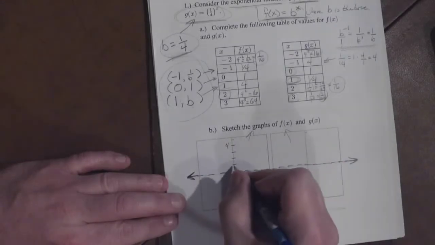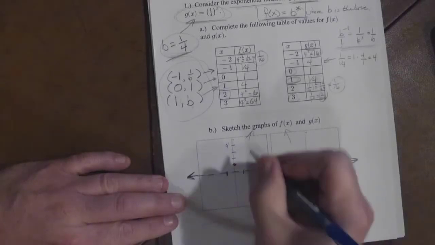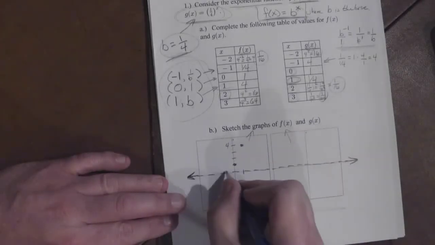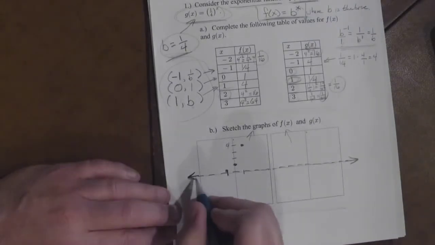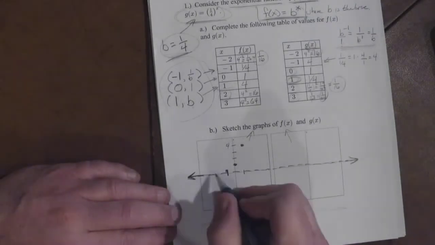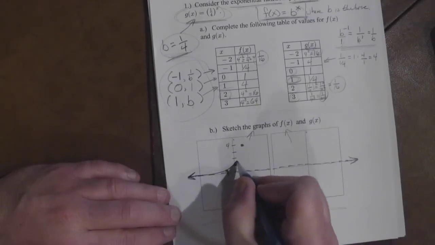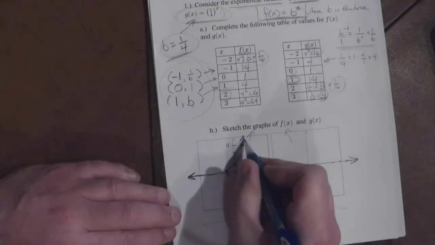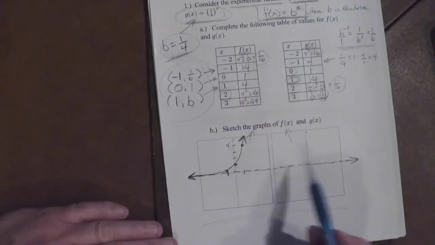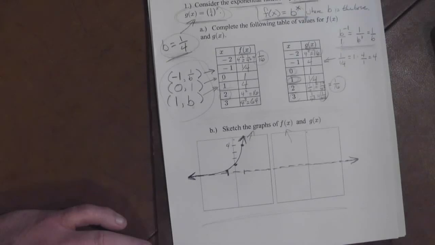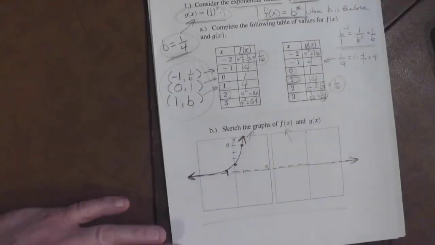So we know we pass through here, here, and here in our sketch. With this describing our far left behavior, our graph would run along the x-axis and then pass up through those 3 points, heading up towards positive infinity as x increases towards infinity. This again being your x-axis, this being your y-axis.